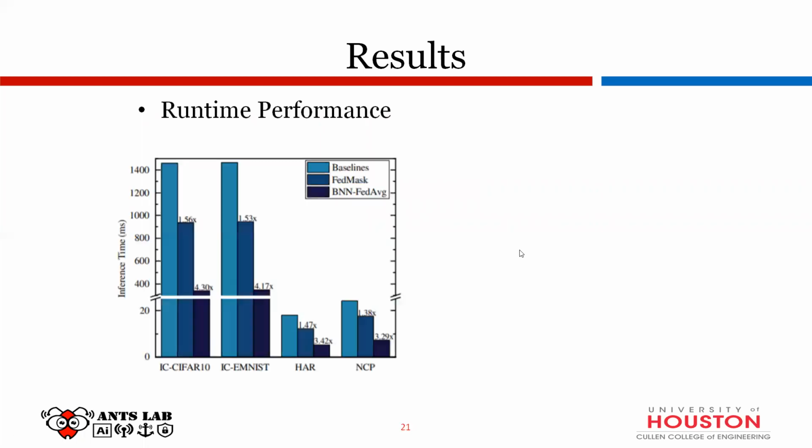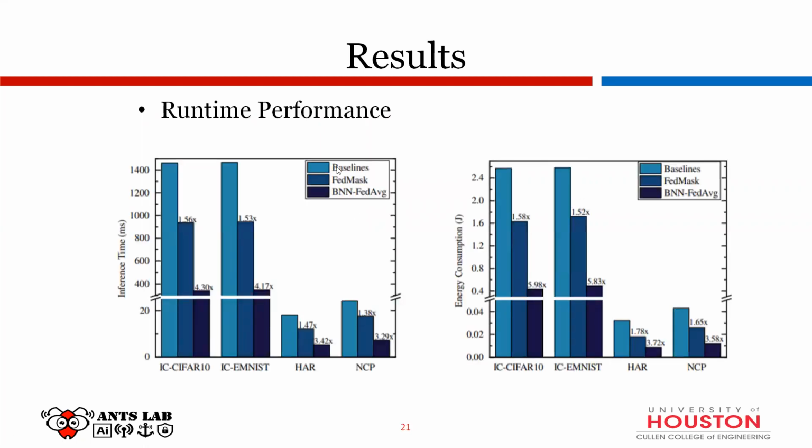In terms of performance here, you can see that in inference time FedMask has a better performance than the baselines, and in energy consumption the results are very similar. The one that FedMask loses to is the BNN Fed average. But because the BNN Fed average is all binary, the accuracy is very low.